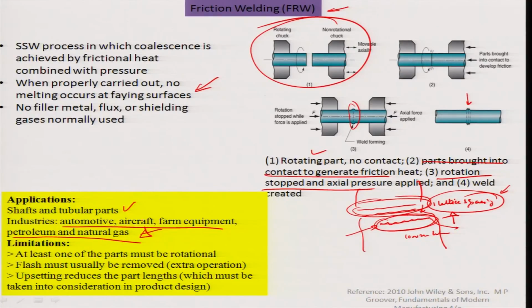You should ensure that at least one of the parts is rotational in this process, and the proper facing between the two parts has to be done a priori, because if there are flashes, the welding may not happen to the extent that is needed. So it has to be almost atomically flat on both surfaces to have a weld strength which is more than the failure mechanisms of the material.